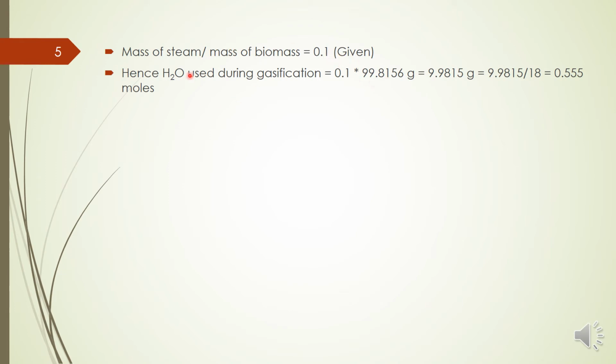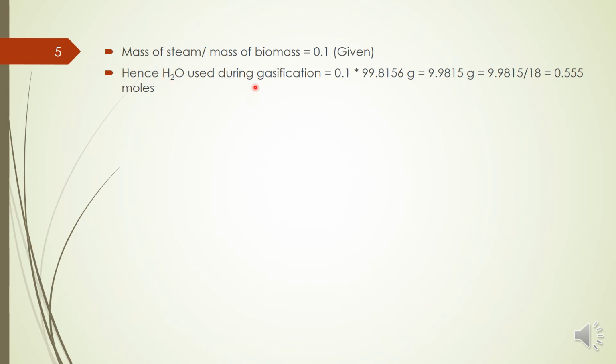Because this mass of biomass is 100 gram or 99.8156, so that into 0.1, that is 9.98, or we can take 10 also. So 10 gram of steam is used, and from that we can find the mole of steam used, that is 10 divided by 18. This is 0.555. So 0.555 mole of steam will be present.